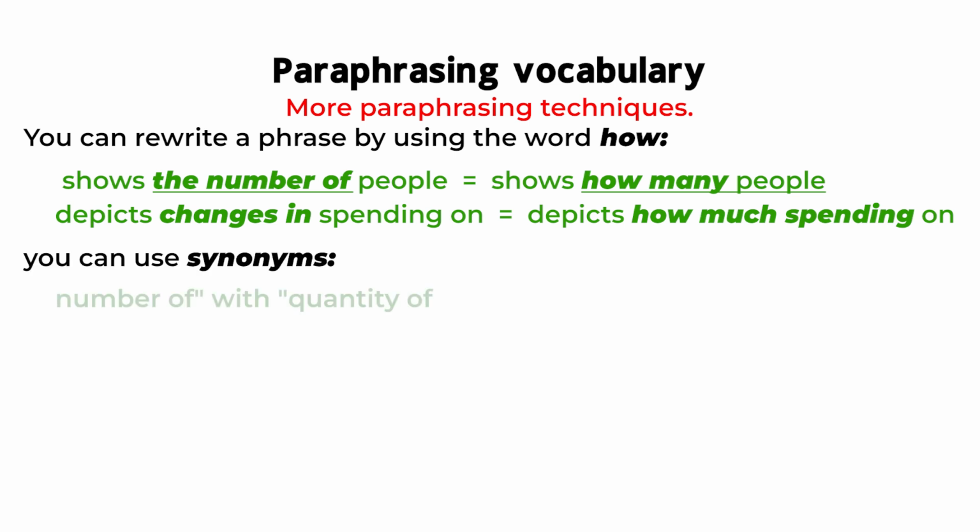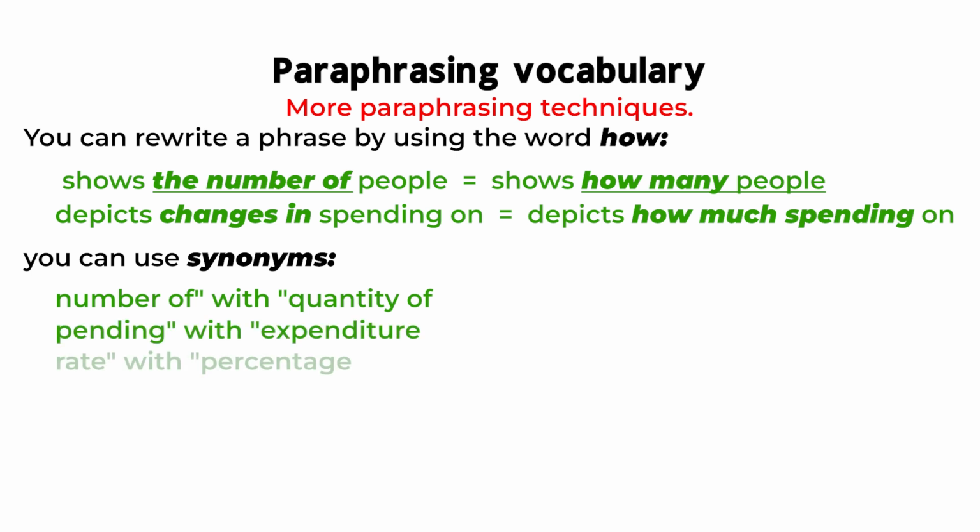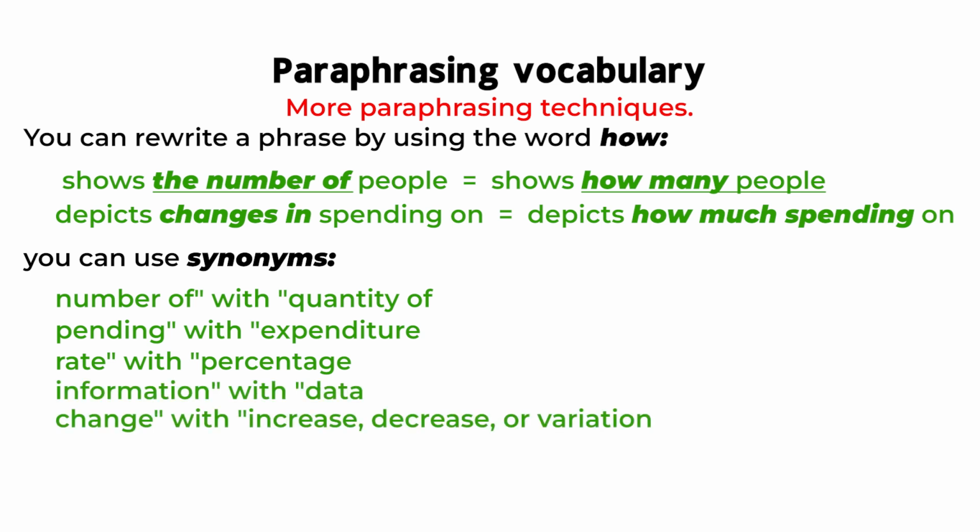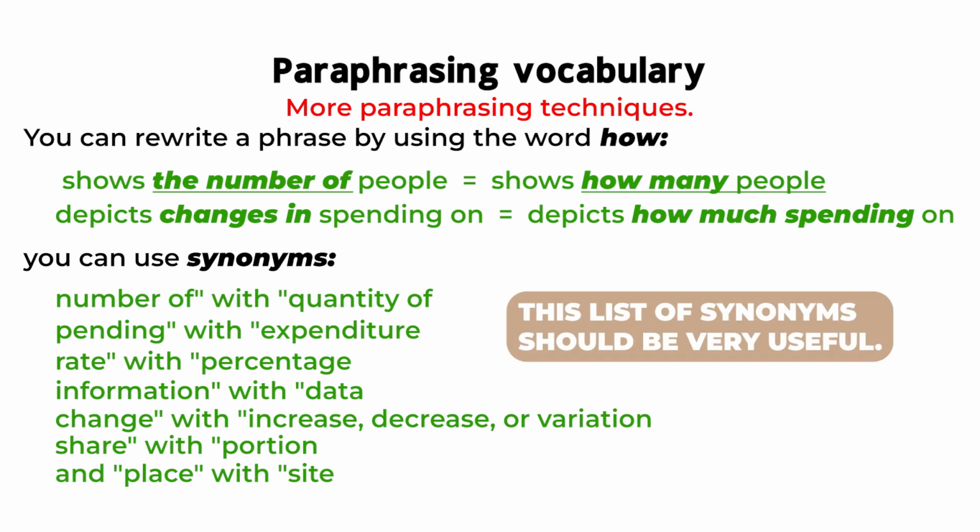For example, replace number of with quantity of, spending with expenditure, rate with percentage, information with data, change with increase, decrease, or variation, share with portion, and place with site. These phrases often appear in IELTS Writing Task 1, so this list of synonyms should be very useful.